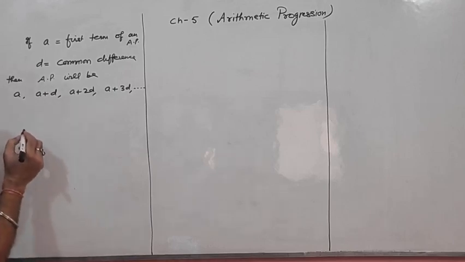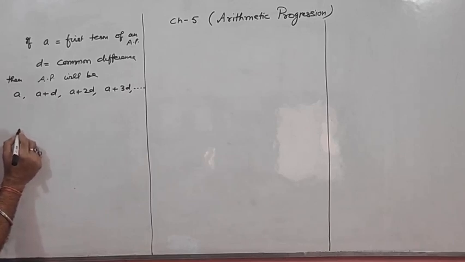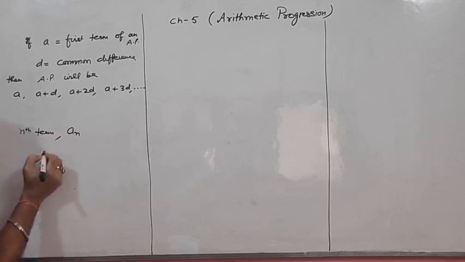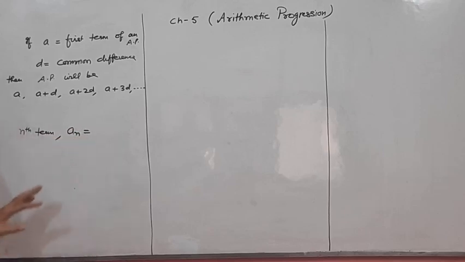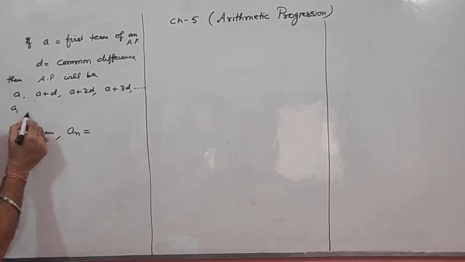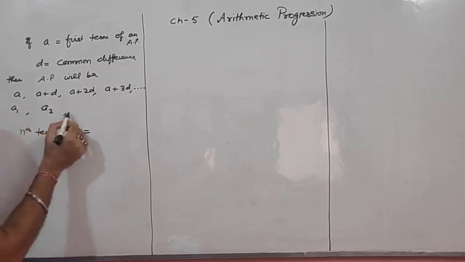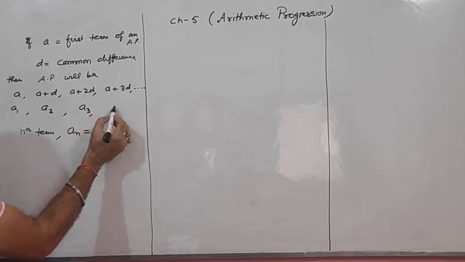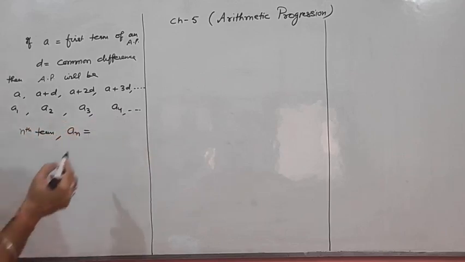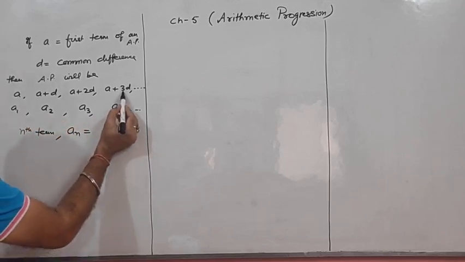So you can see in this way we can find the formula for the nth term, which we represent by an. How will we find the nth term of an AP? You can see first term A1, second term A2, third term A3, fourth term A4. Now look here: in the fourth term the coefficient of D is 3.